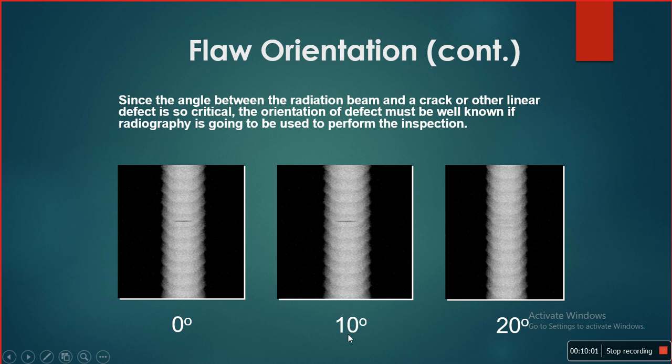When the angle goes on increasing, the visibility of that crack goes on decreasing. So in that case, we need to conduct several examinations from different angles to get the exact details of the flaw on the radiographic film.